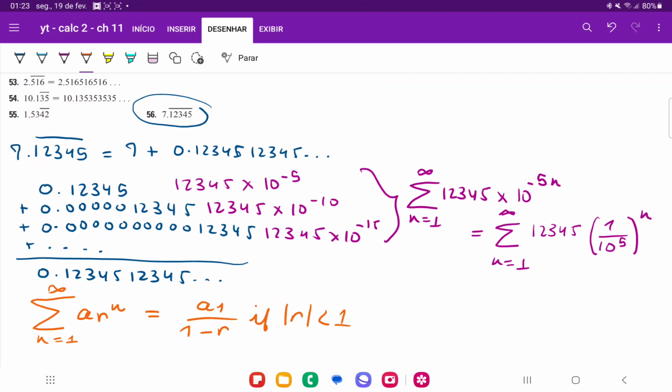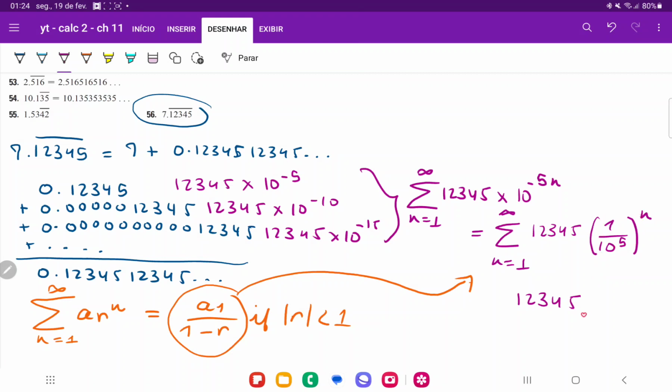And now since that checks out, we can use this formula to give us our sum. a sub 1 is just whatever you get when you plug in the first index. So the first index, I'm going to have 12345 times 1 over 10 to the power of 5.